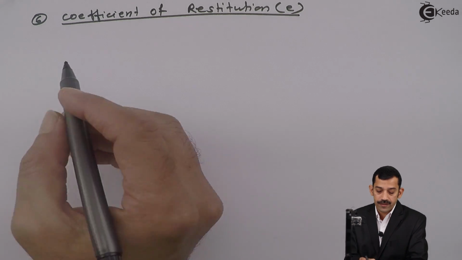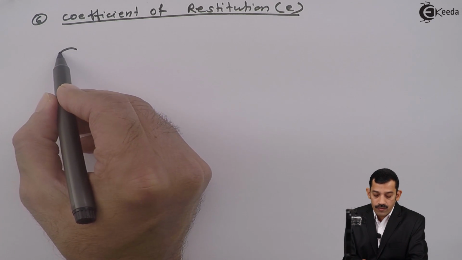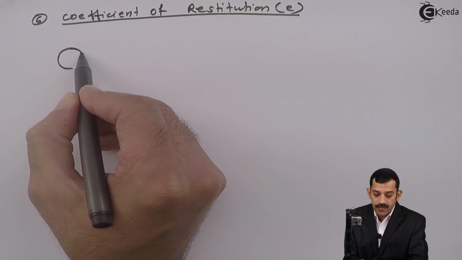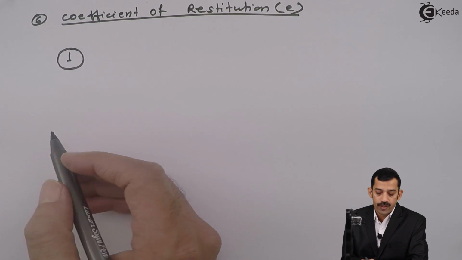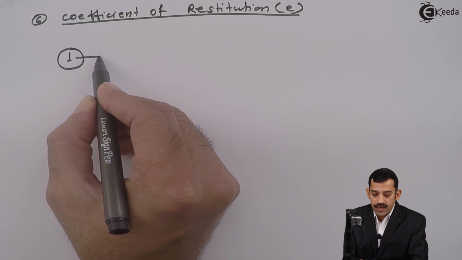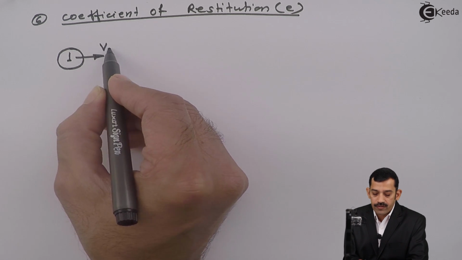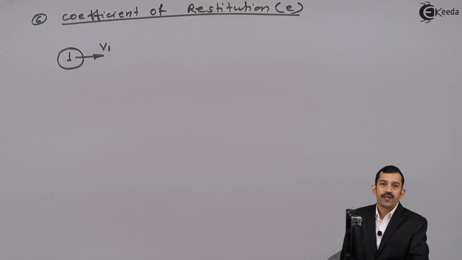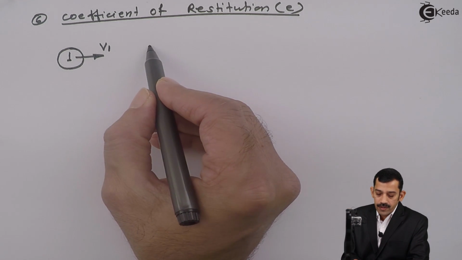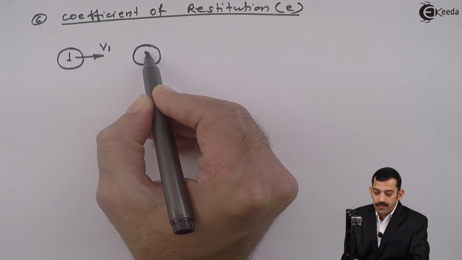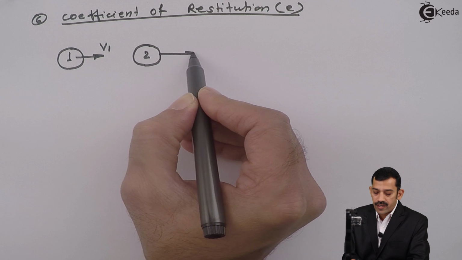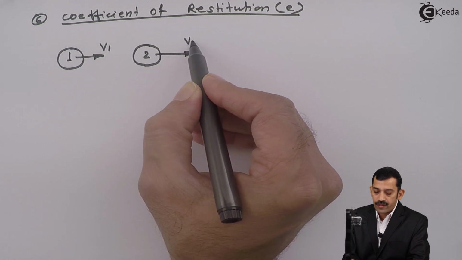For that, just see here: say this is one body of some mass m1, body 1, and this body moves in the rightward direction with velocity v1. Similarly, there is one more body, body 2 of mass m2, which again moves in the rightward direction with velocity v2.